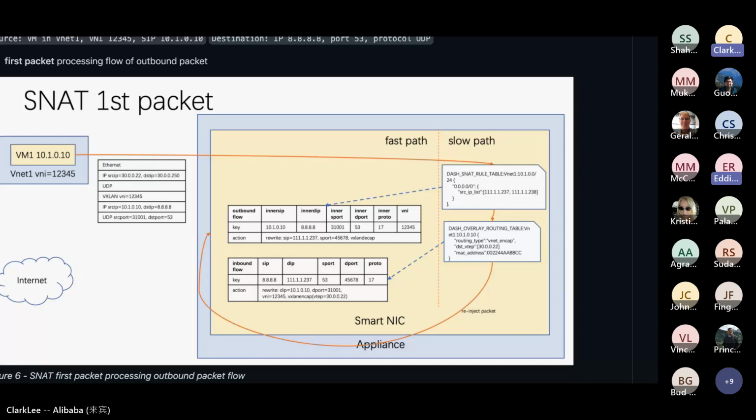So that's why I see how we can cooperate to move that. I think especially for this one, the only thing is that for your outbound flow you need the VNI.